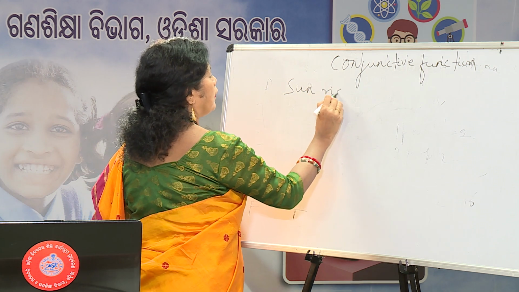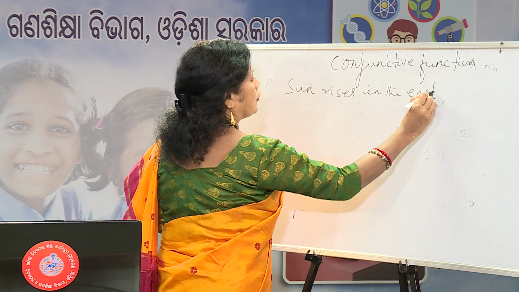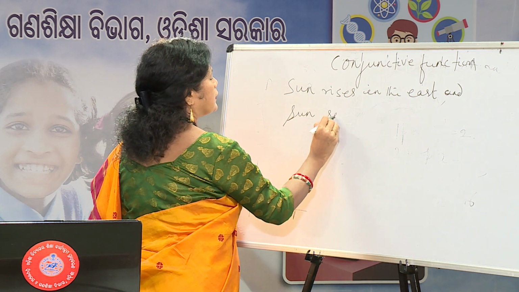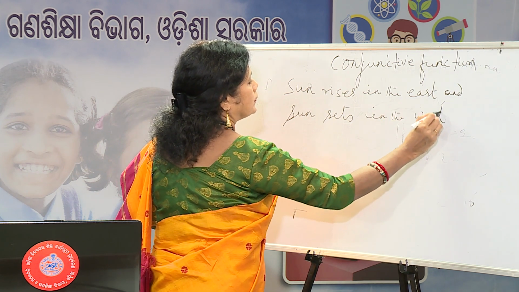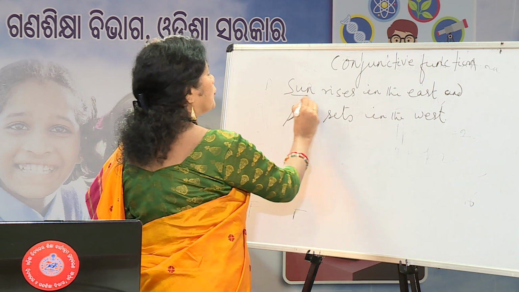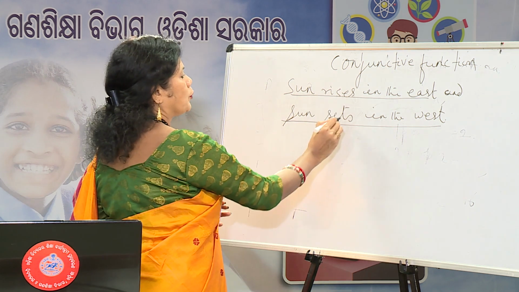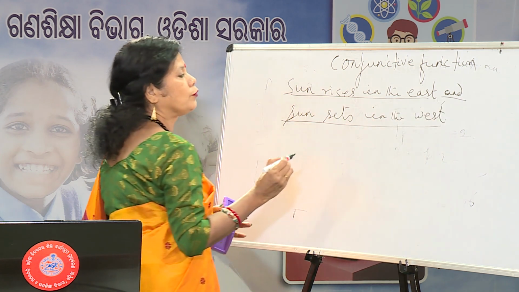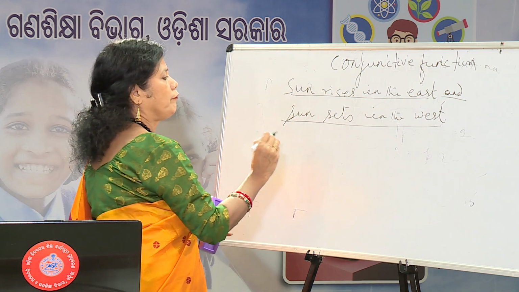Here one proposition is sun rises in the east and another proposition is sun sets in the west. There are two propositions, and these two propositions are combined by the connective 'and'. So this is called the conjunctive function.